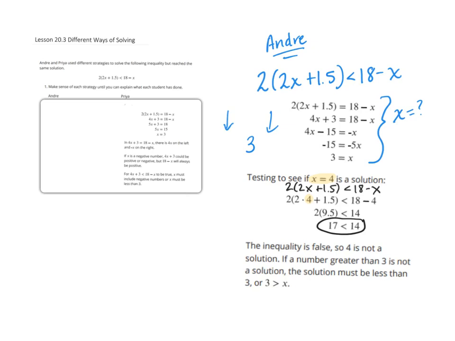Because that inequality is false, 4 is not a solution. If a number greater than 3 is not a solution, the solution must be less than 3. So he found that the answers had to be less than 3.